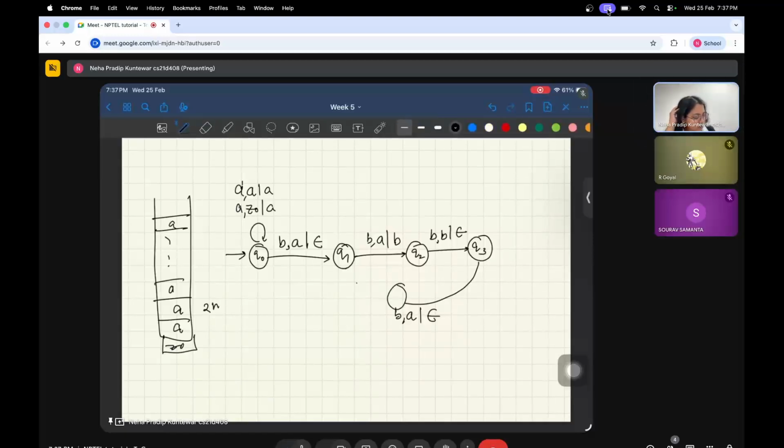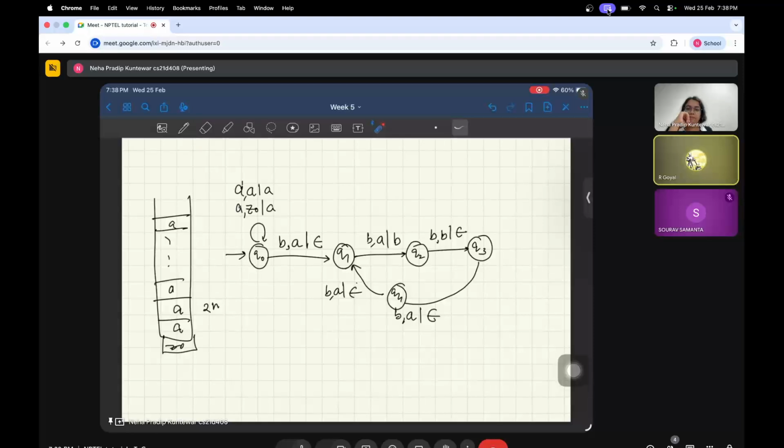So you do this, so that you are popping twice and then you are not doing anything once. Actually, there is some issue with this because we do not have this combination b comma b. We won't be having this combination ever. Here, how many b's have been read from the tape?